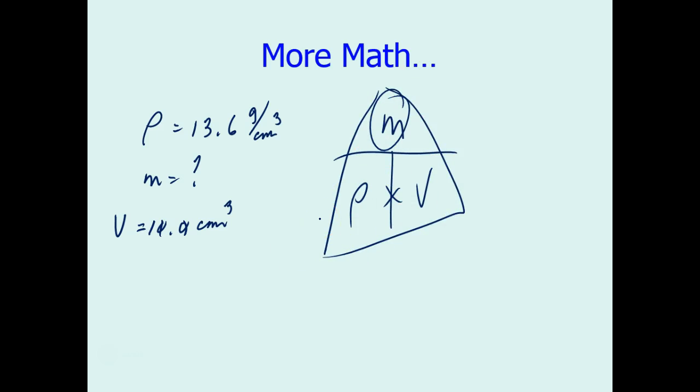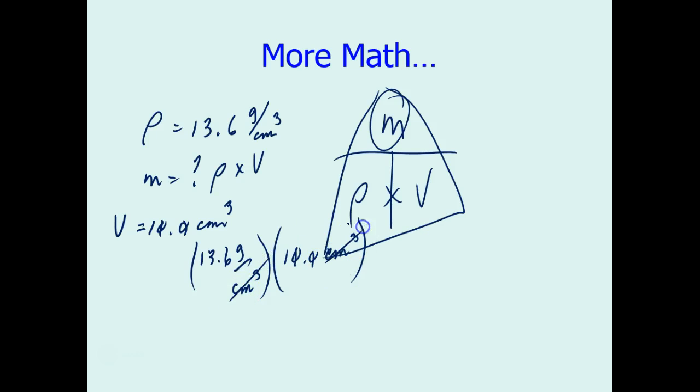And what's more, your units are your friends. They tell you this is rho times volume. Look at the units. 13.6 grams per cubic centimeter. It's a pain to write them down, but look at what it does for you. Times 10.0 cubic centimeters. And sure enough, the cubic centimeters cancel out, and you're left with what?